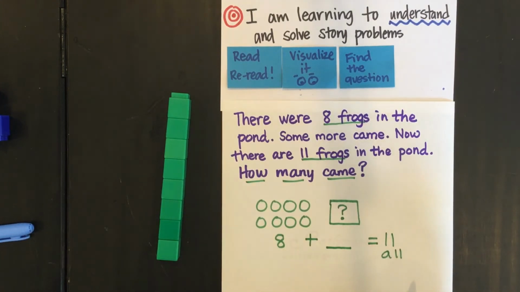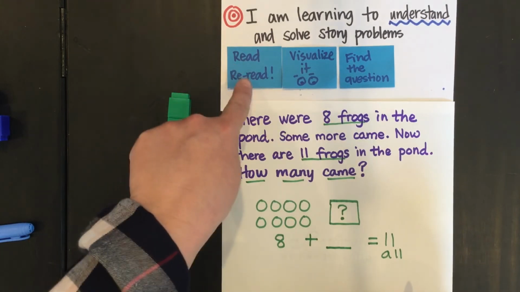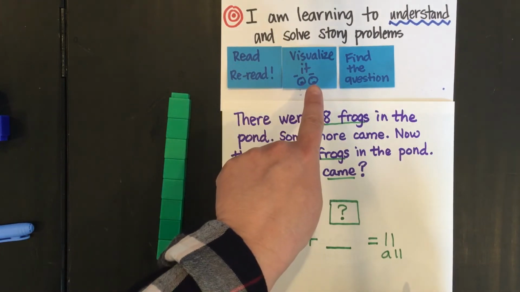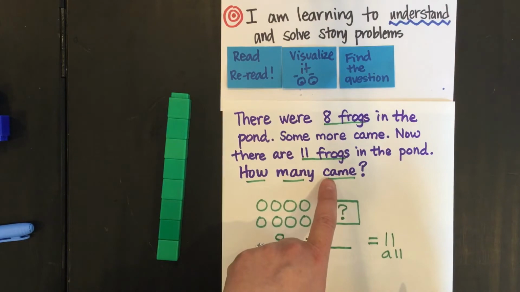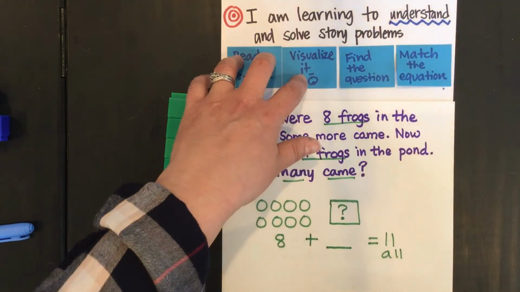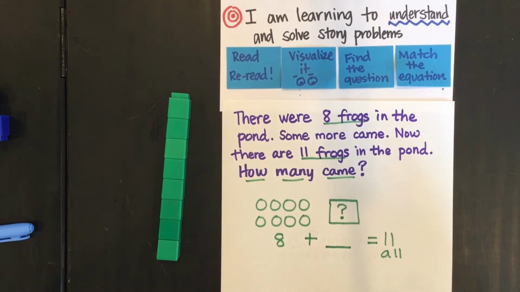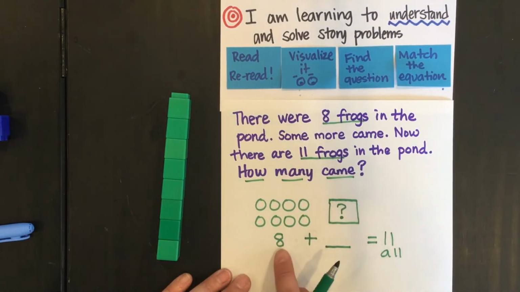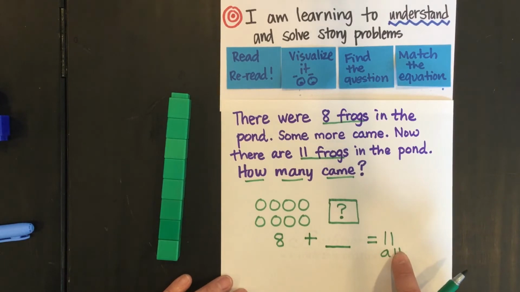So now that I have read and reread, I visualized the story, I found the question, it helps me to match an equation to the story. And to solve this problem, I would start with the ones that are in the pond. I would think about, how many more would I need to get the total of 11?